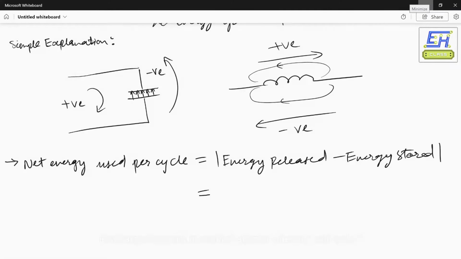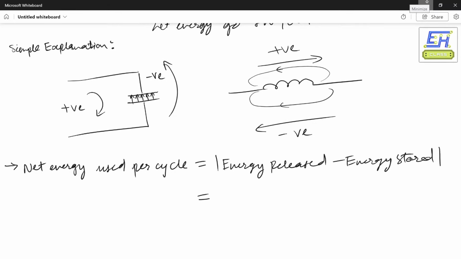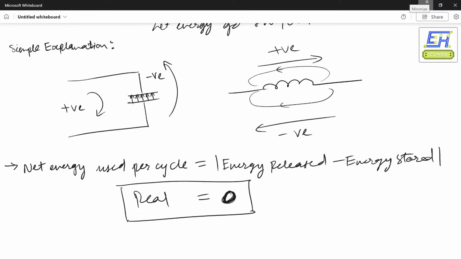So essentially, whatever energy goes into these elements is also given back to the circuit, the exact same amount. This means that the energy that is used up per cycle will be zero. So the real component will be zero, because if these are ideal components, there is no resistance, so they will not dissipate any heat, and they'll just oscillate with the alternating current.